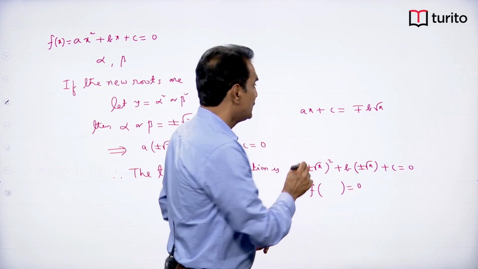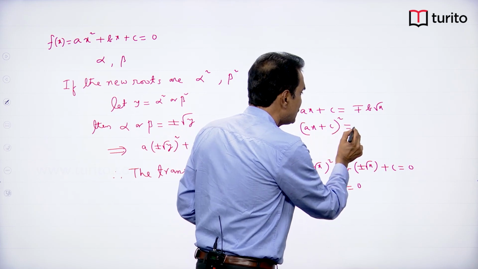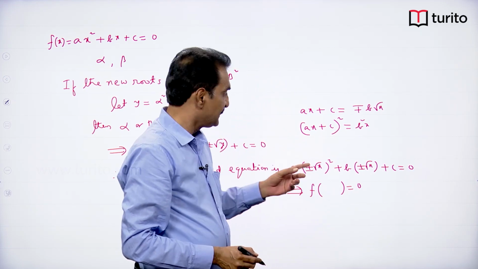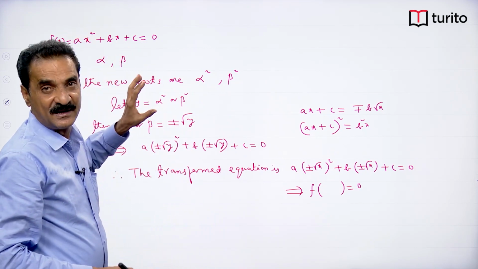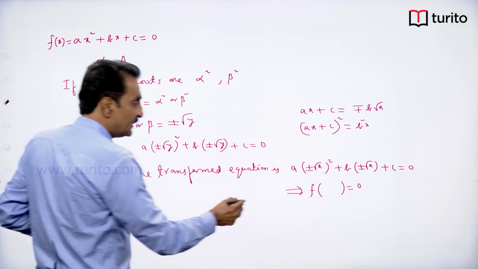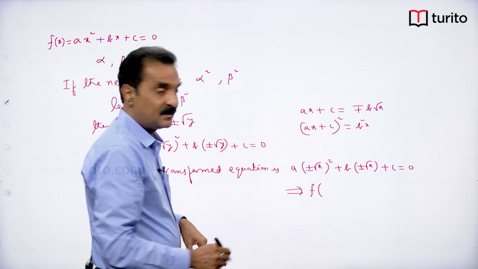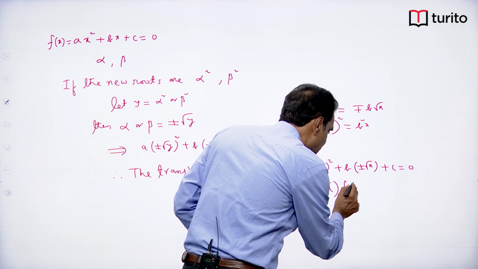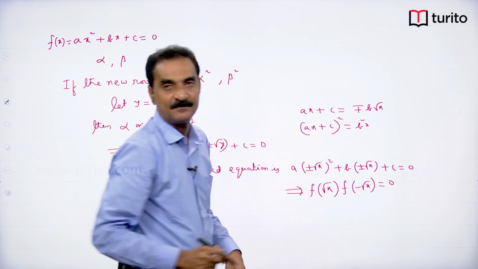Squaring on both sides, you will get (ax plus c) whole square is equal to b square x. This is the quadratic equation. Or you can substitute root x and minus root x separately and multiply, then automatically you will get this answer. So the formula will be, when roots are squared, the new quadratic equation is f of root x into f of minus root x is equal to 0. Automatically you will get the same answer.